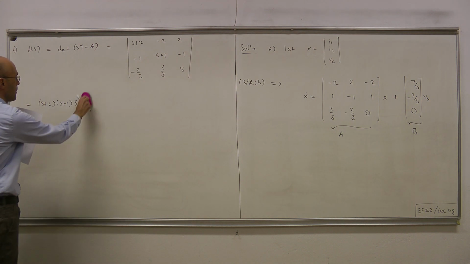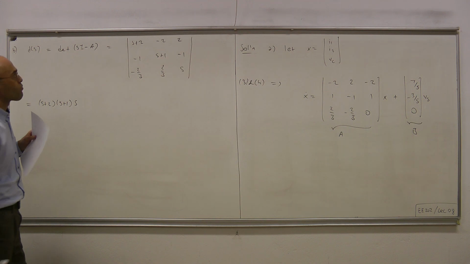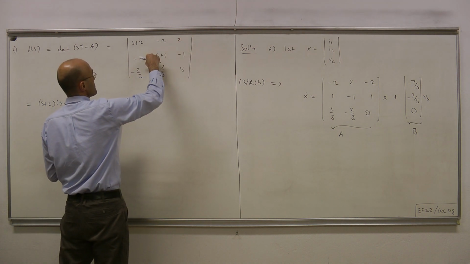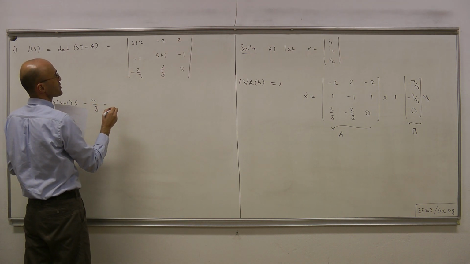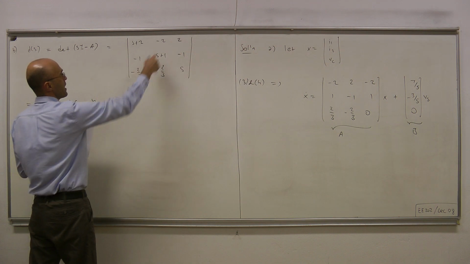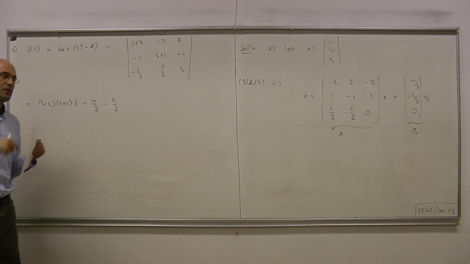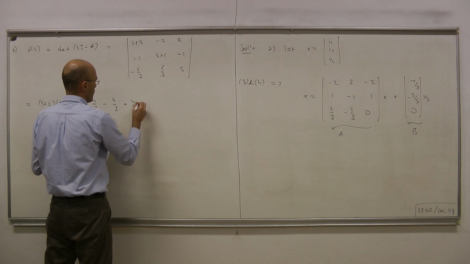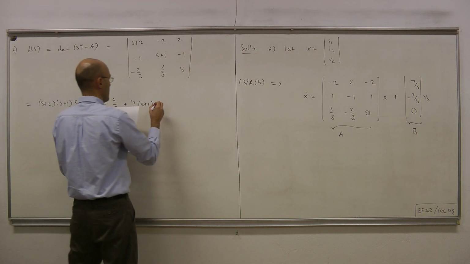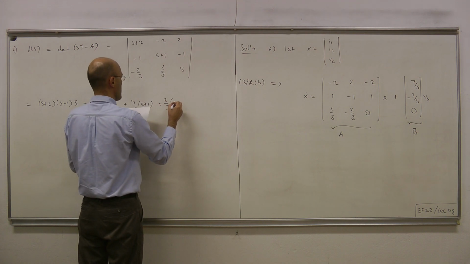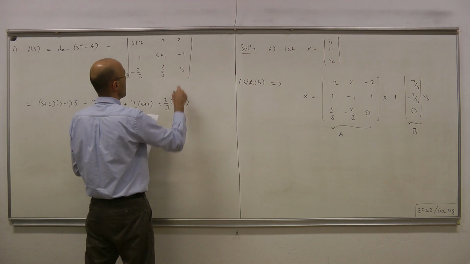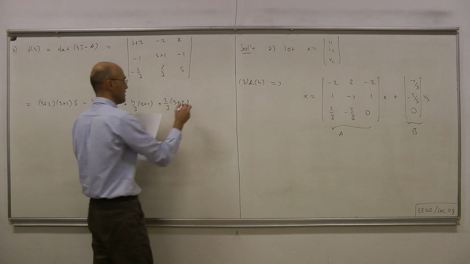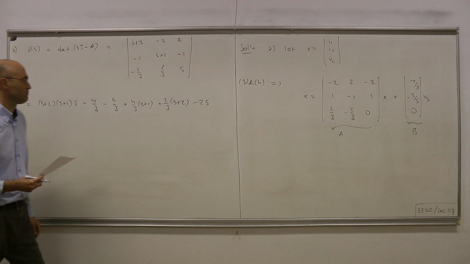which makes what? Minus 4/3, plus this times that, which makes another minus 4/3, and then minus the other direction terms, which are 4/3 times (s plus 1), we have 2/3 times (s plus 2), and finally we have this times that, which is 2s, but we're subtracting it, so we have minus s. Okay.